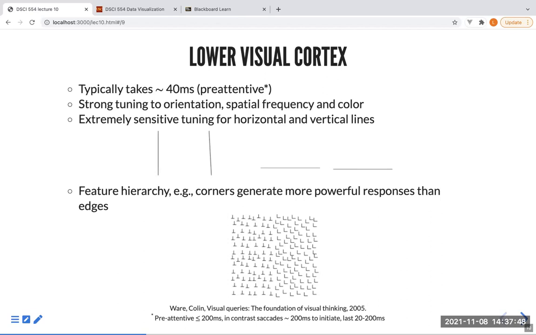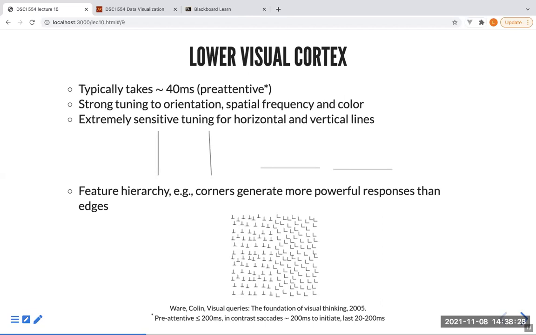So the corners here generate more powerful responses than edges, which might be useful if you want to quickly highlight a lot of points. You can do a cross as opposed to a dot. That might be useful for making that pattern more obvious and faster.